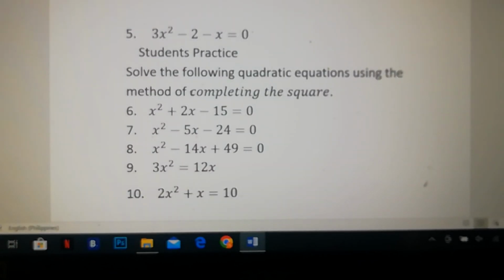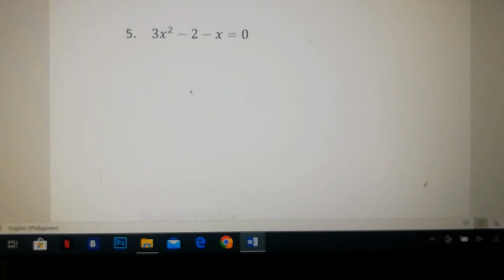Next, example 5, last example. Okay, first is isolate the constant term, so therefore you bring the negative 2 to the other side.